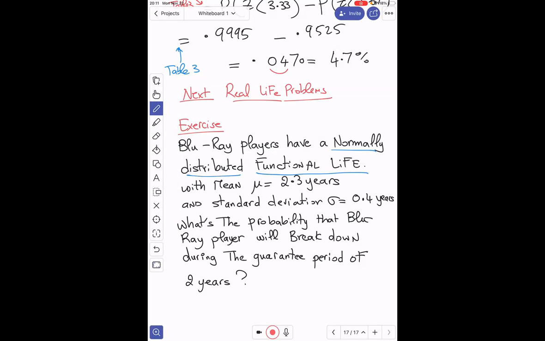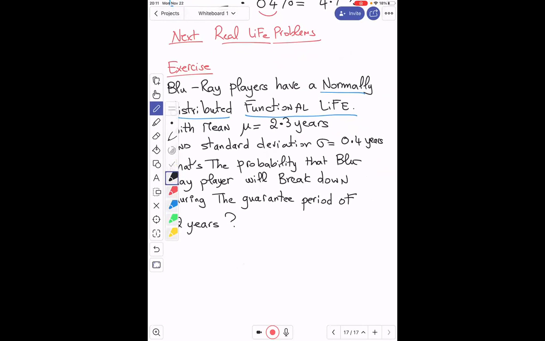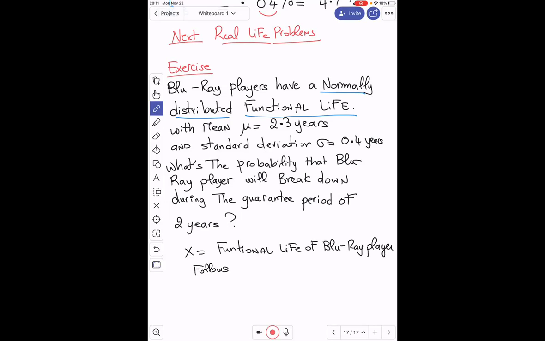So if the variable x is the functional life of the Blu-ray player, this variable x follows a normal distribution.